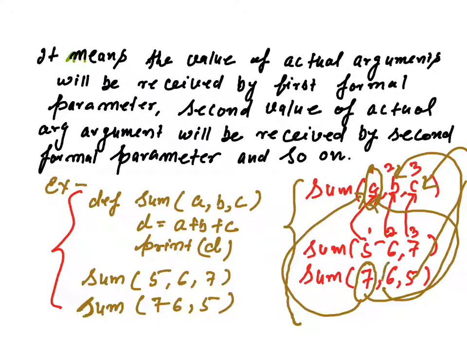This 6 is written at the second position, B is at the second position, so the 6 will be received by B. So the positional argument means in which sequence we have declared the variables and in which sequence you are passing the values, in the same sequence, first will receive the first, second will receive the second, and third will receive the third value. I think it should be clear.